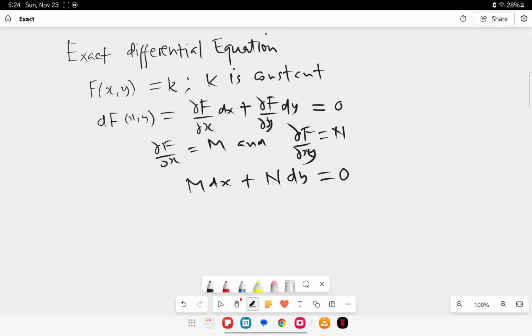Now where do we start from? We are going to see that from the first equation, f of x comma y equals a constant.